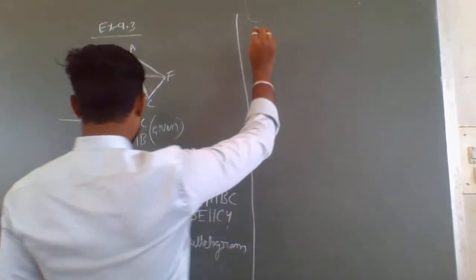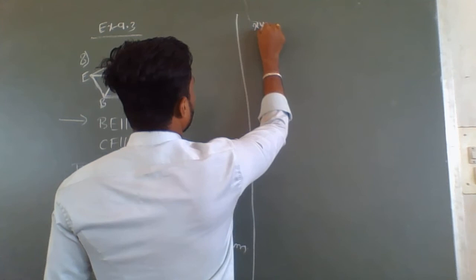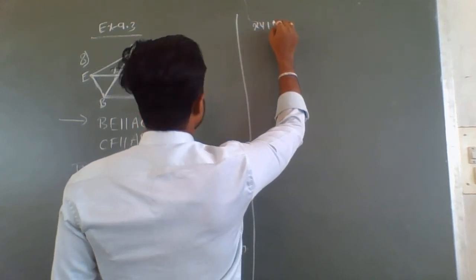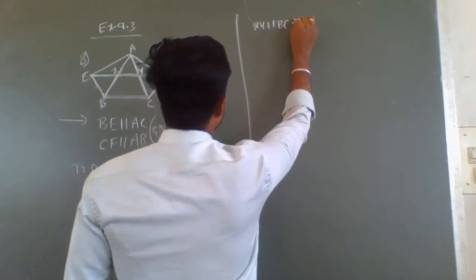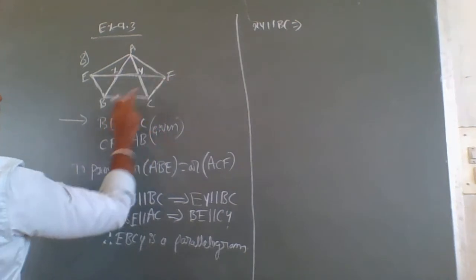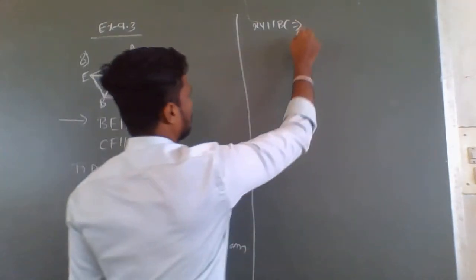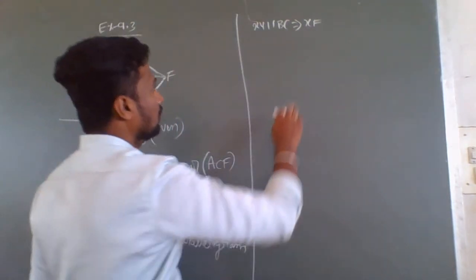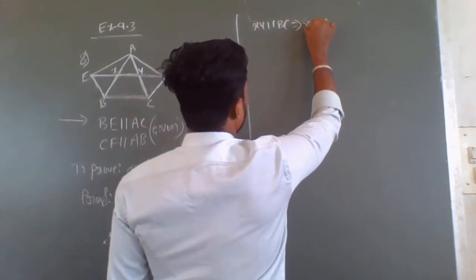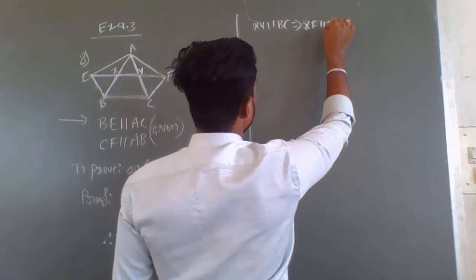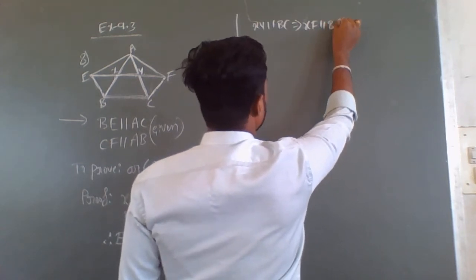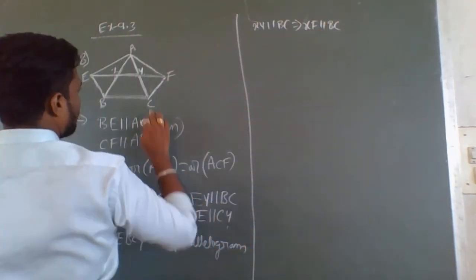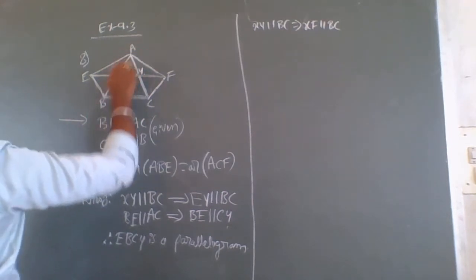So here I will write XY is parallel to BC. Then you can write that this XF is parallel to BC. Next, they have given that this CF is parallel to AB.